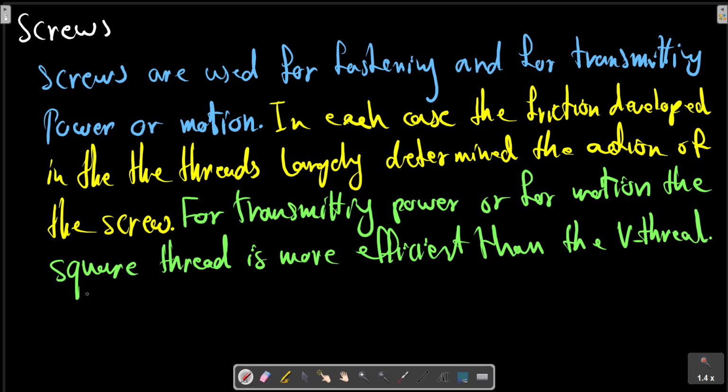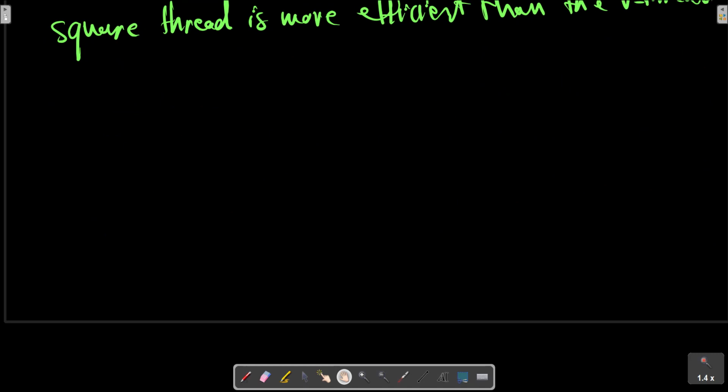And the analysis here is confined to the square thread, the force analysis.